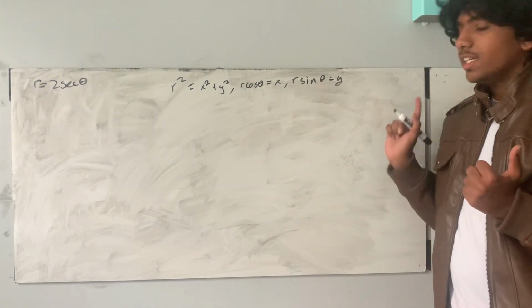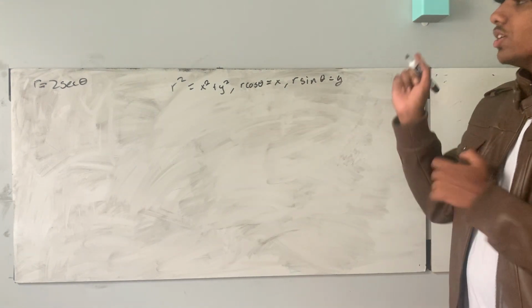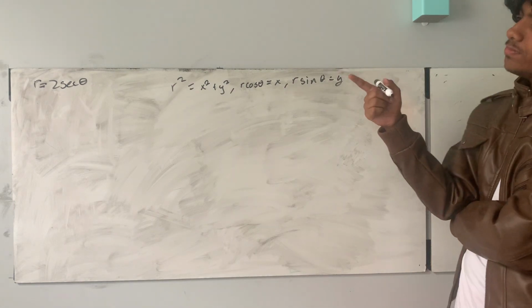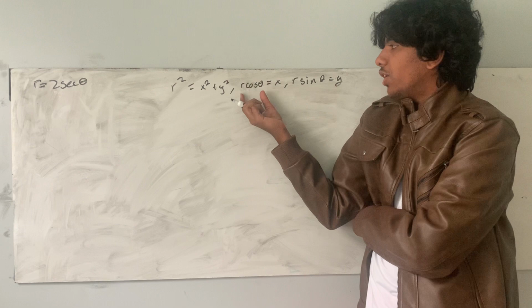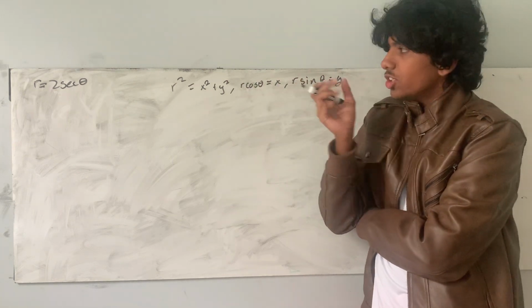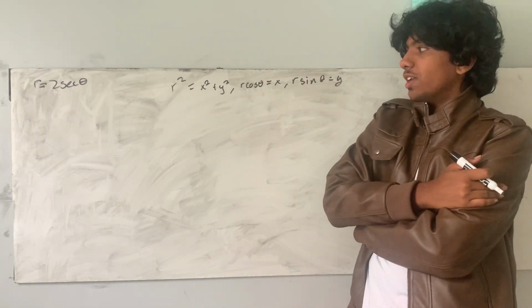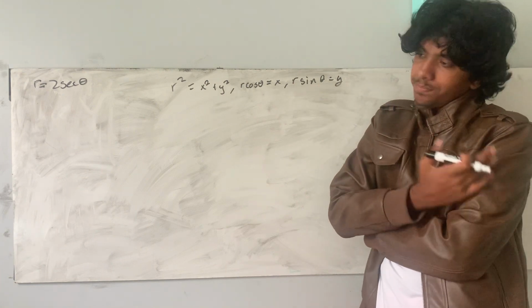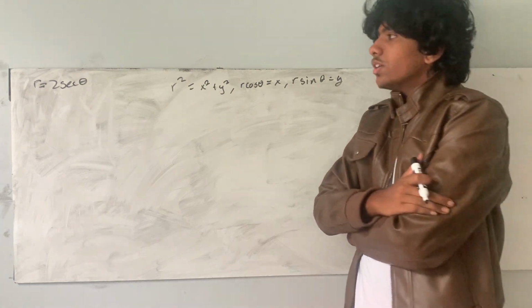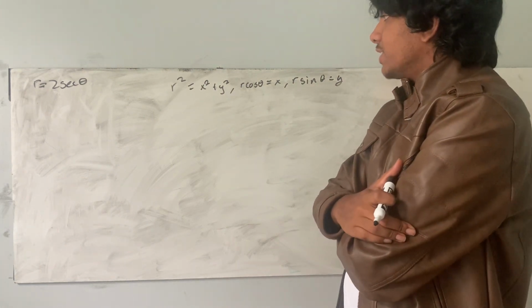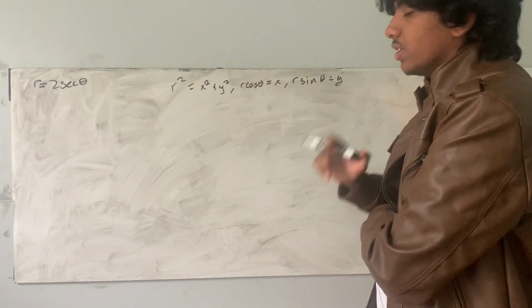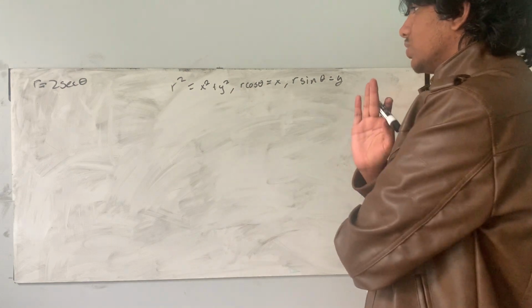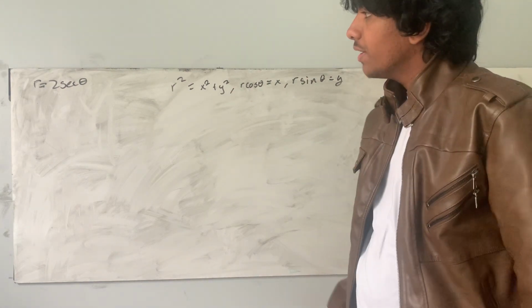If you know these 3 and you're able to get your equation in terms of either r squared, r cosine theta, or r sine theta, you can replace everything with an x squared and a y squared, or an x, or y. So that's our strategy. Our strategy is to only have either r squared, r cosine theta, or r sine theta. Once we have those, we can just substitute all of these, and we're done.